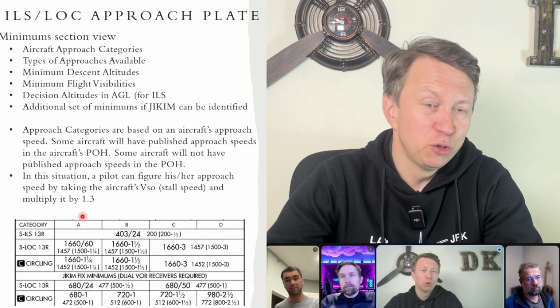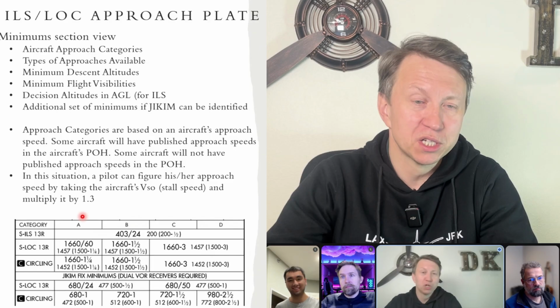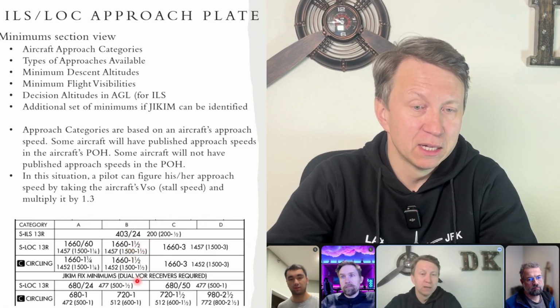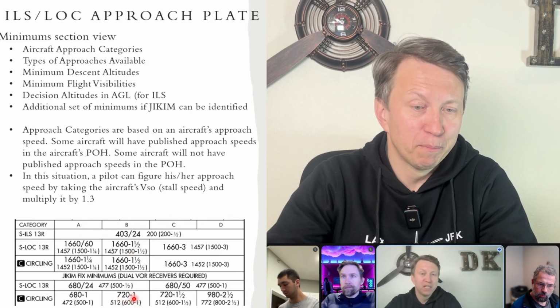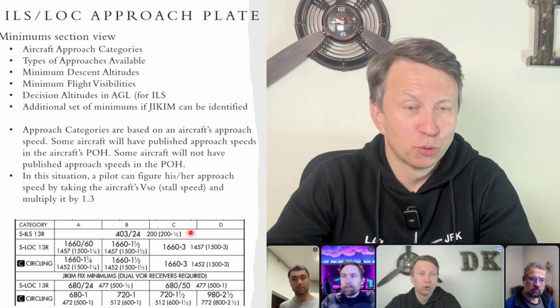If for some reason you chose to fly a Cessna with a more than 90 knot approach speed, you have to follow the minimums for category B. For example, for the localizer, you'd have higher visibility. For circling, you'd have a higher MDA. For the straight-in ILS, there's no change, so that's good.